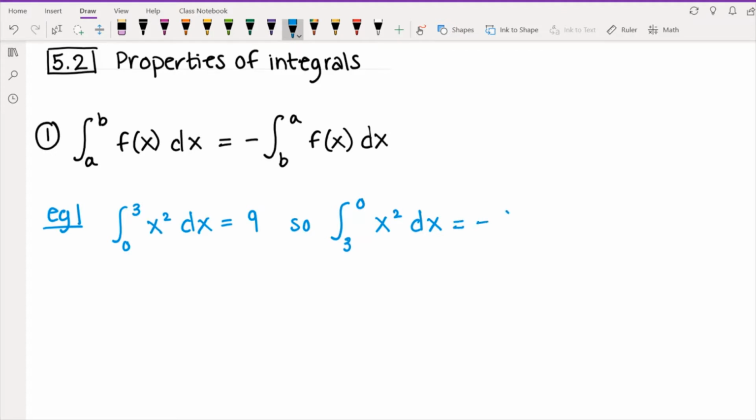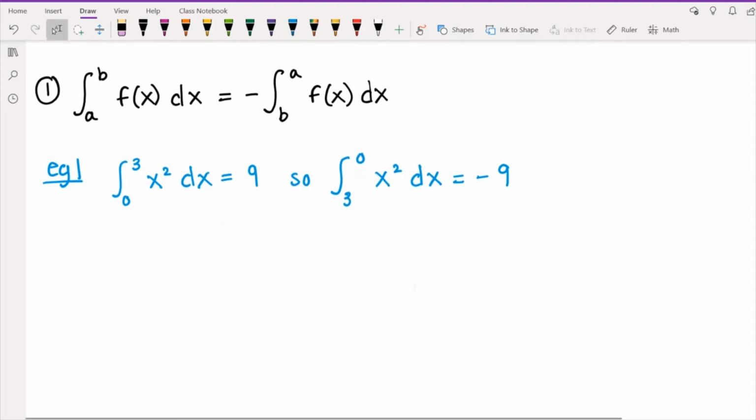So this integral would be equal to -9 instead of +9. I wouldn't think of this too much as a logical interpretation. It's more just a rule, I would say. It's like a definition. It's defined that if you have your integral in this backwards order, you just flip the sign from what it would be if it was in the more standard order.